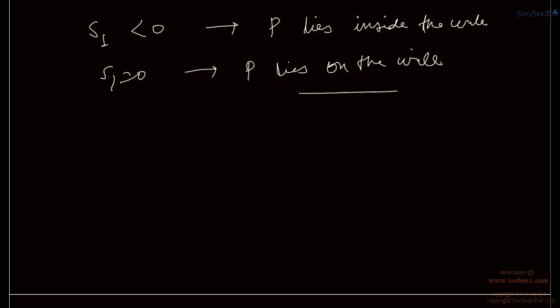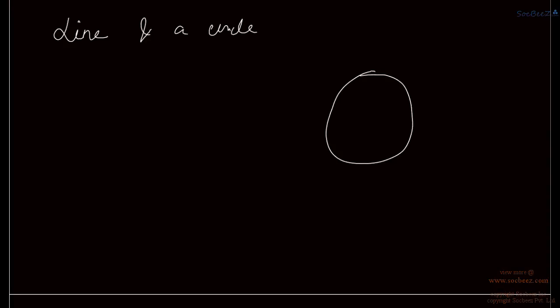Now let us have a look at a line and a circle. Say this is a circle and this is a line L, and this is a circle S. There can be three cases.